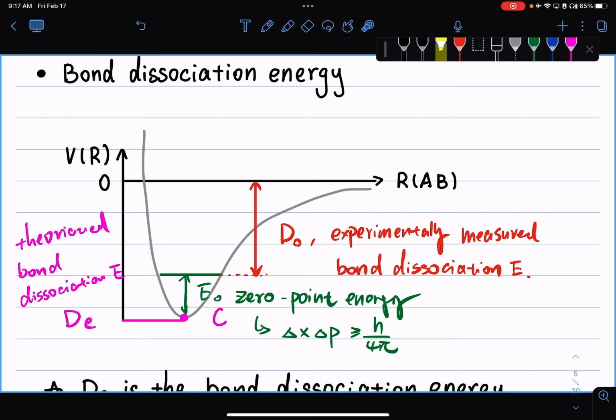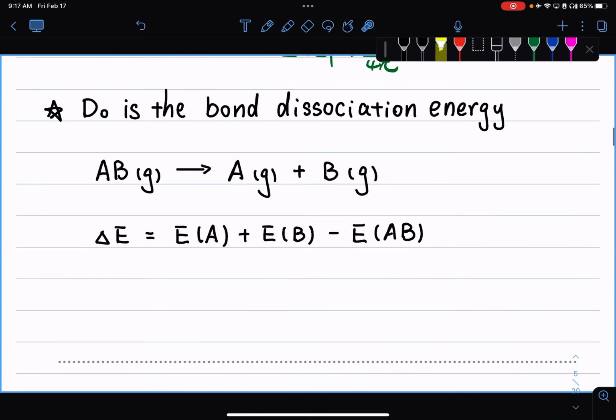All right. In chemistry, the experimentally measured bond dissociation energy has a different, related definition, and there are different ways to express that energy. It is called bond dissociation energy. Again, we start from a molecule in gas phase, and it is dissociating into its atomic composition, atom A and atom B. So the bond dissociation energy is defined here, right?